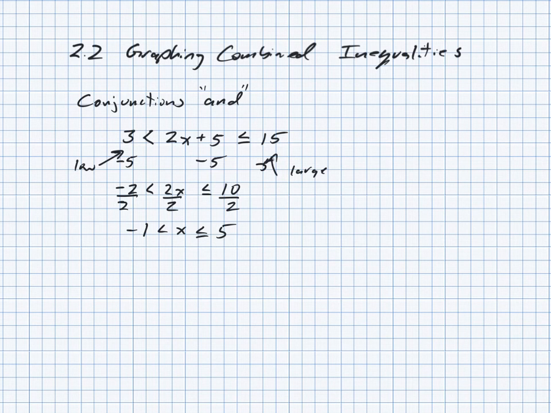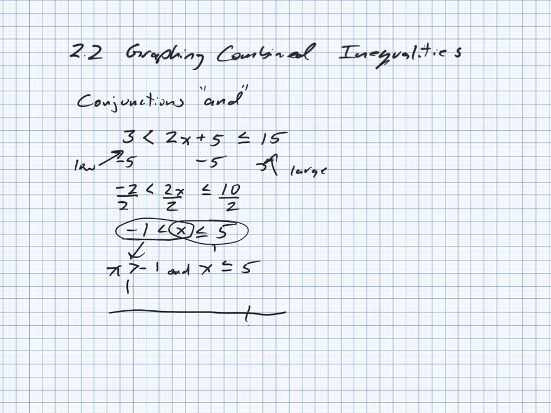So this becomes 2 inequalities connected by the word and. If I rewrite this with the x to the left, I get x is greater than negative 1, and x is less than or equal to 5. To graph both of those, with the idea that it's going to be one and the other, we can graph them separately. We have 5 and negative 1, and x needs to be bigger than negative 1 and also less than or equal to 5.